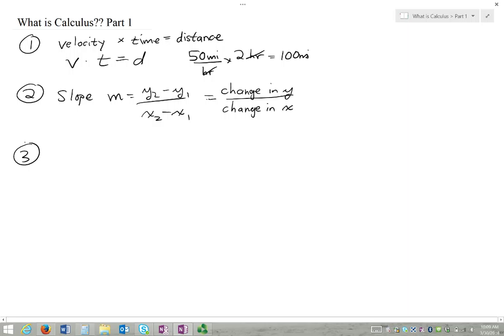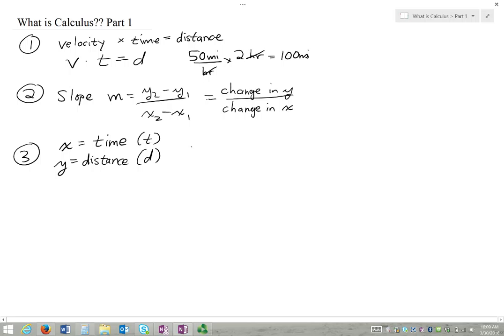So what I'm going to do then is, instead of x, I'm going to let x equal time. And I'm going to convert y. y is going to represent our distance. So let's rewrite the slope formula.